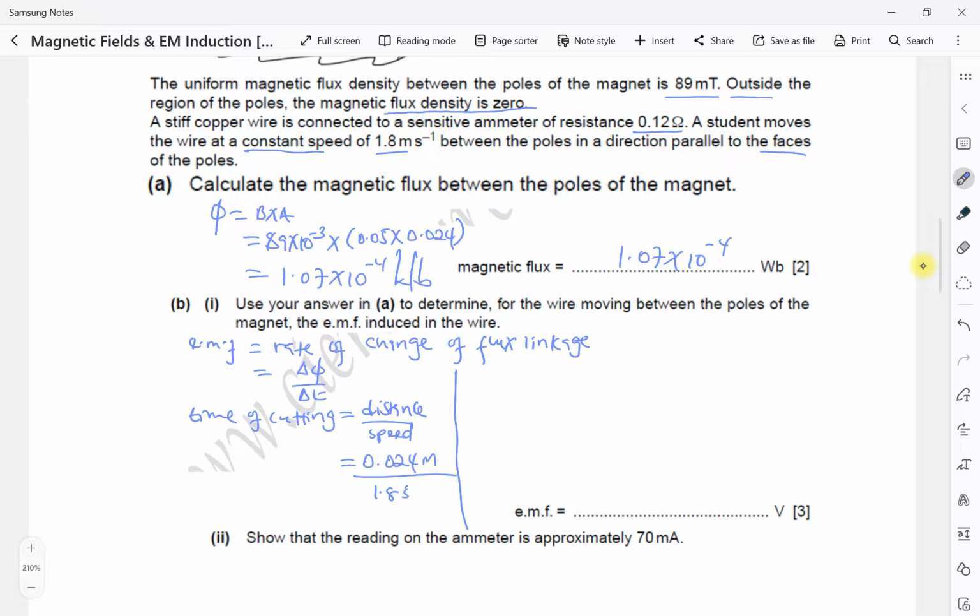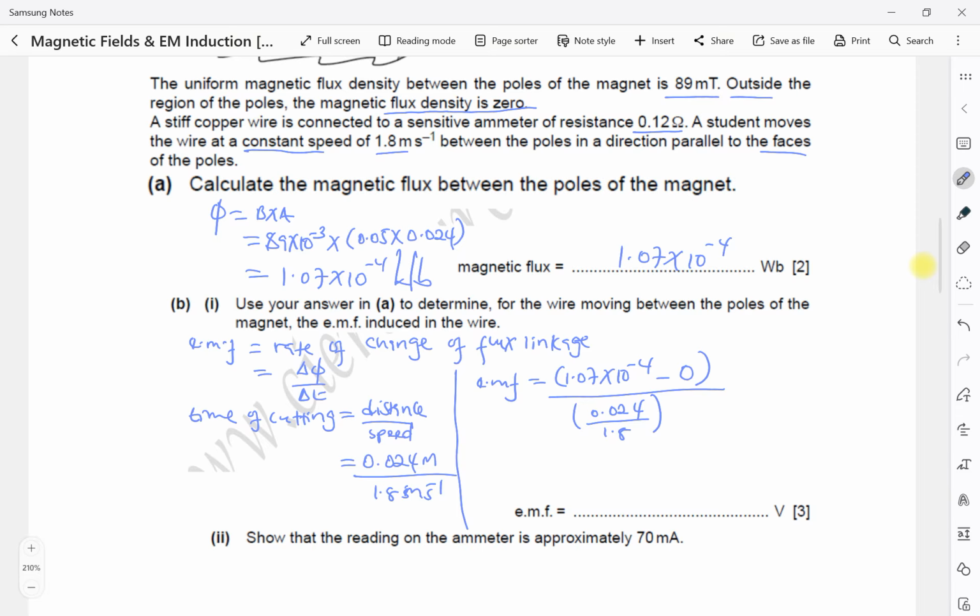Therefore, of course, outside the poles, the flux is 0. So the change in flux is 1.07 times 10 to the power of minus 4 minus 0. So this is going to be 1.07 times 10 to the power of minus 4. You subtract 0 to get the change. The time is going to be 0.024 divided by 1.8, in meters per second.